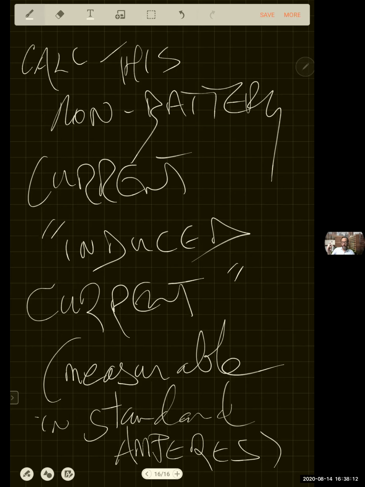Whatever current we get by moving a rod, instead of by putting in a chemical battery, is regular everyday current.